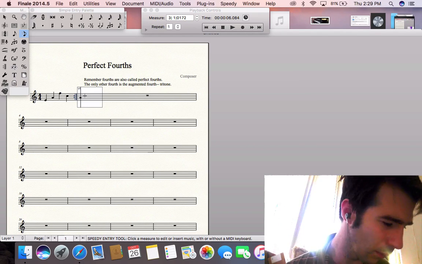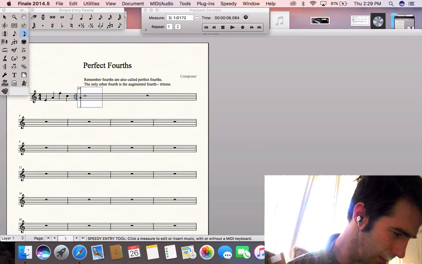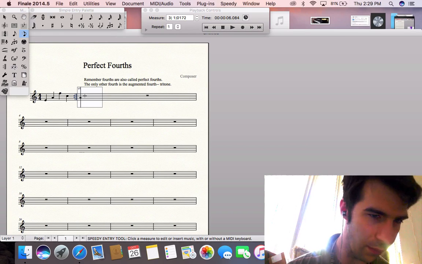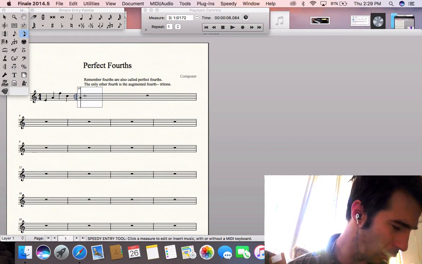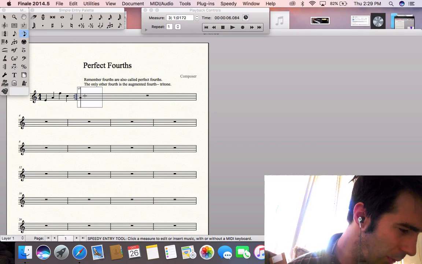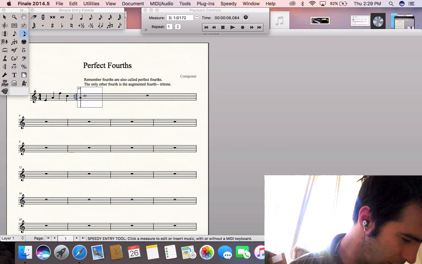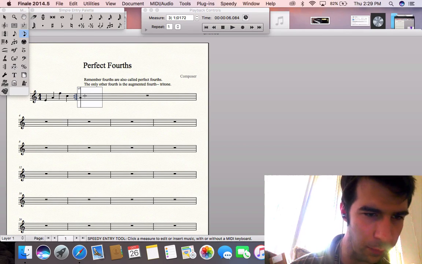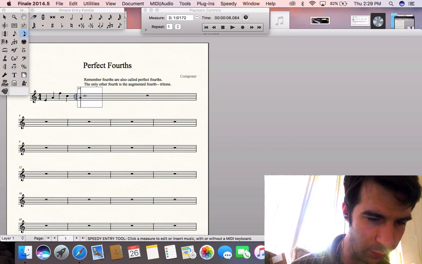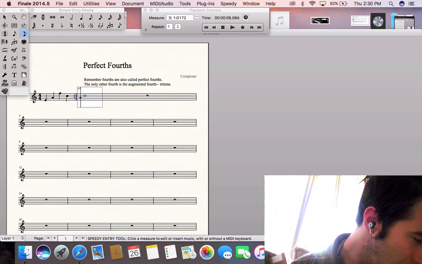For example, the perfect fourth is a straight open 1, 2, 3, 4. Normally that's 2.5 steps away from the home note that you start with to the fourth that you're wanting to get to.